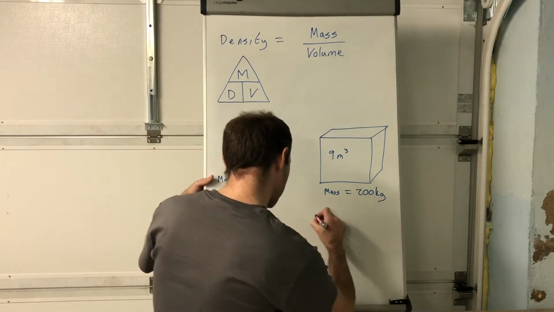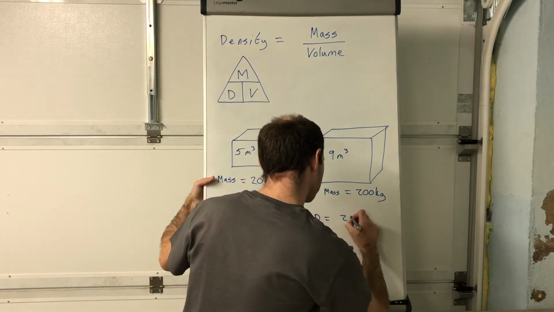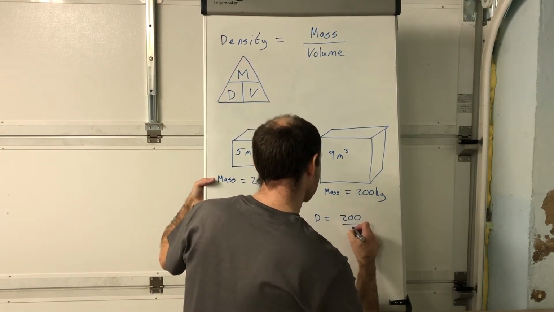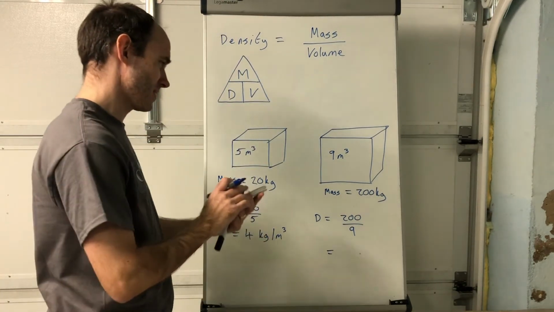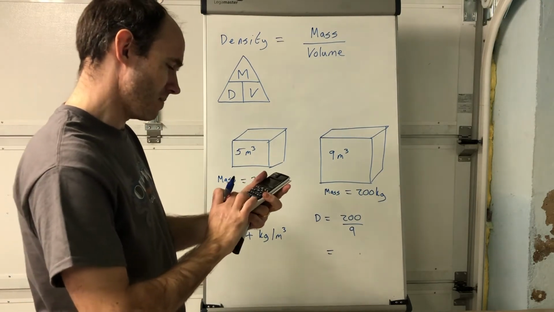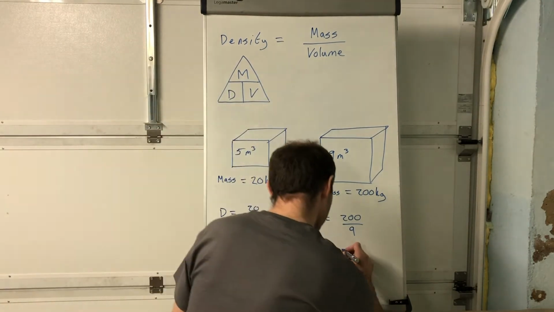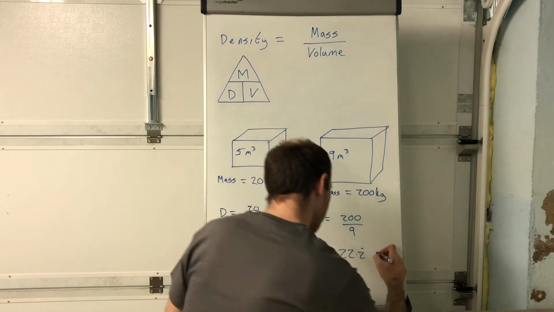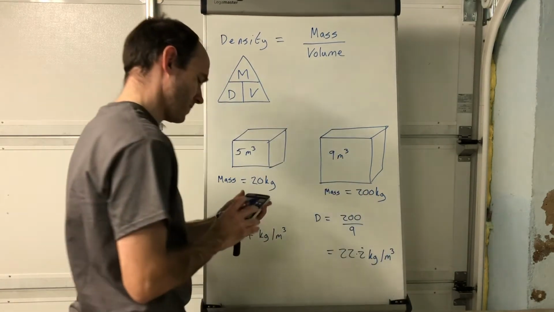Right. This one, density, is going to be equal to mass, which is 200, divided by the volume, which is 9, and let's just use our calculator for that. So 200 divided by 9, and that's 22.2 recurring, and the units there are kilograms per metre cubed.